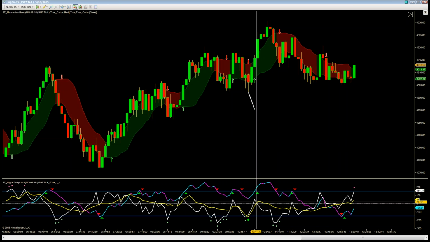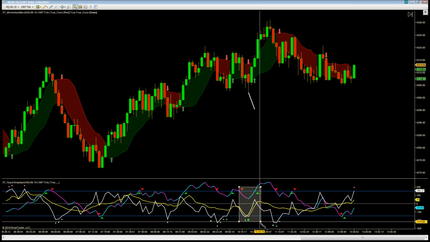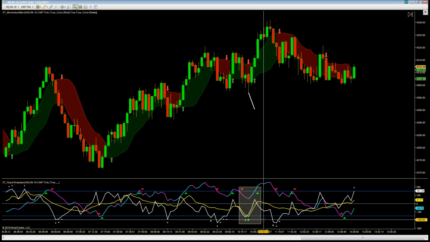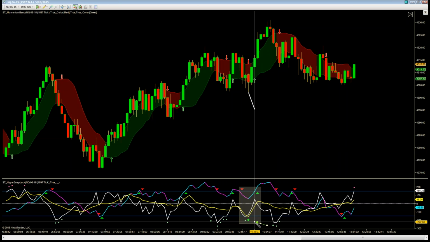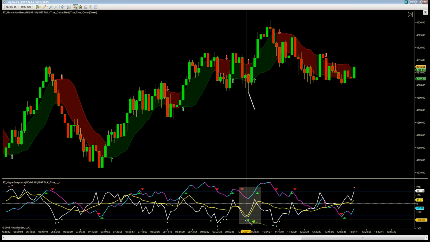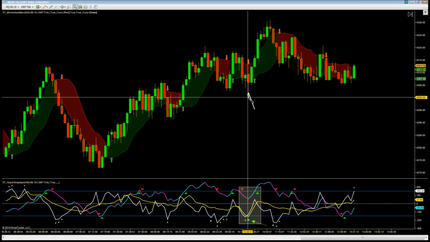So I want to highlight again what we're looking at right here. And just to reiterate, the diamond is the hypothetical signal. Then we also have a white, which I stated before. So we're long on this candle.